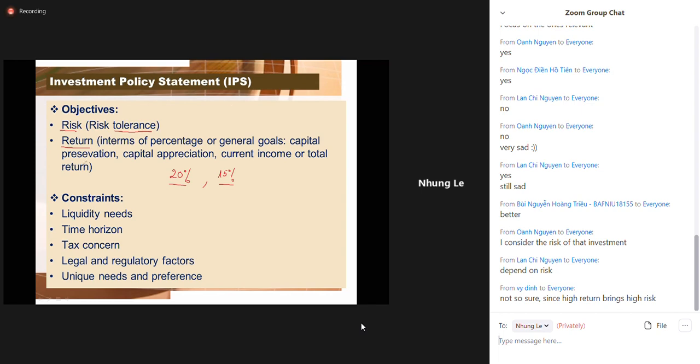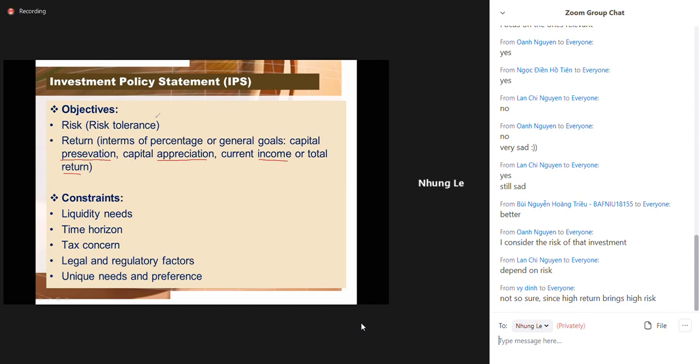In general, they have capital preservation, capital appreciation, current income, or total return. Capital preservation means investors try to protect the real value of money. When time passes, inflation depreciates the value of people's money.